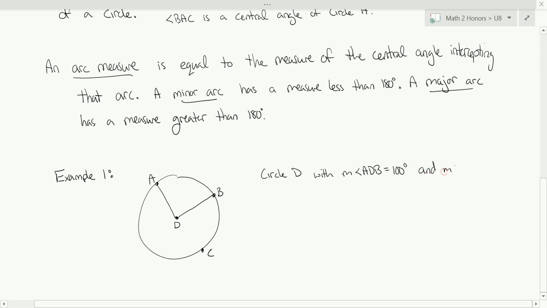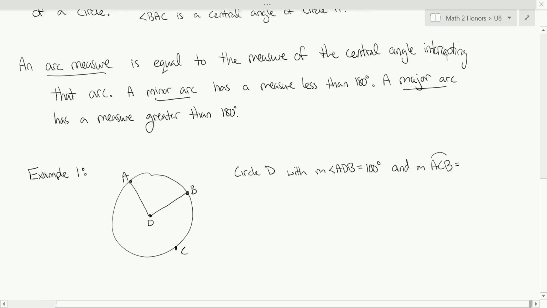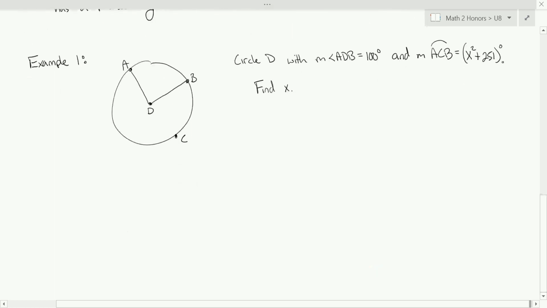And the measure of major arc ACB is x squared plus 251 degrees. So find x, or solve for x. I'm going to give you a second to try that out. Draw on the picture as much as you can and solve for x.